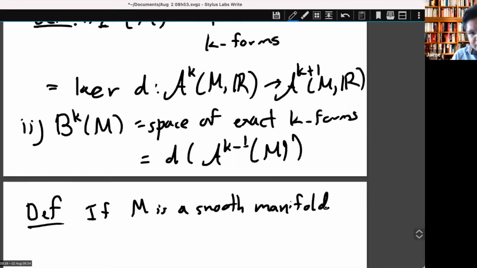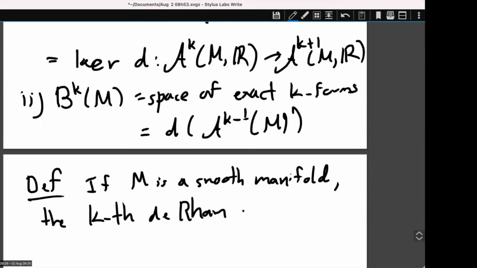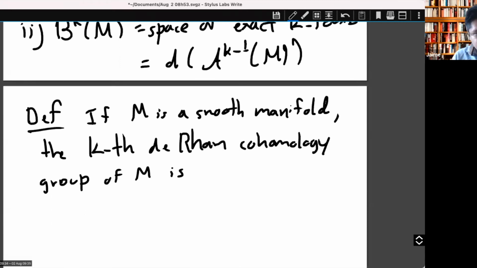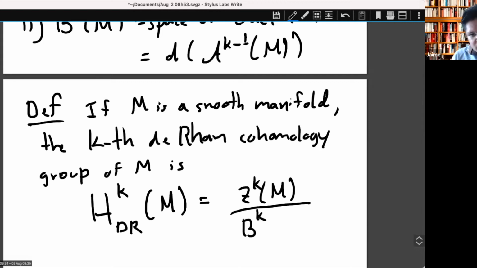You take a smooth manifold M, and the k-th de Rham cohomology group of M is by definition, and again there are several notations for what to put at the bottom of the H, but anyway, let's use this one, the space of closed forms modulo exact forms, right?